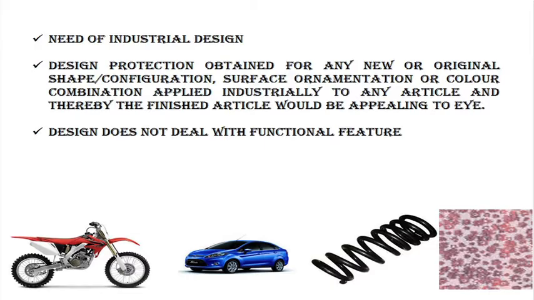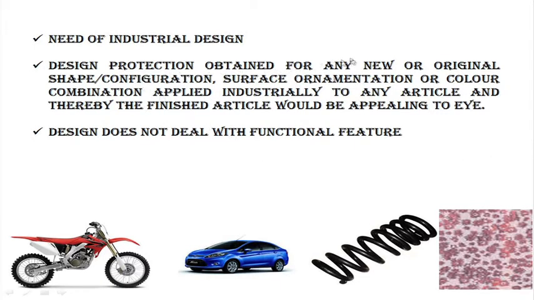I have shown this bike, car, spring and these textiles. Okay. So different classes of article having different aesthetic looks, and people are attracted to and procure those articles for that aesthetic look. Okay. Now let's come to the intricacies of the industrial design.